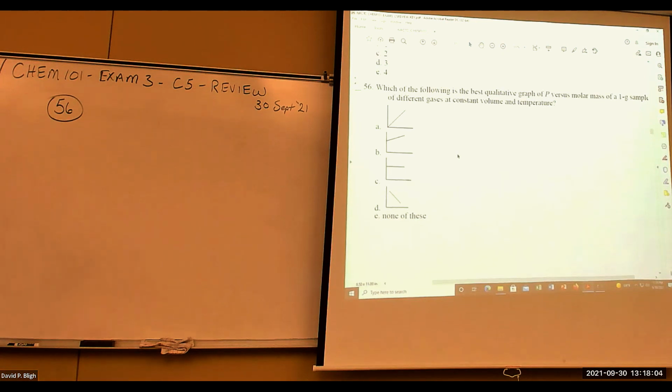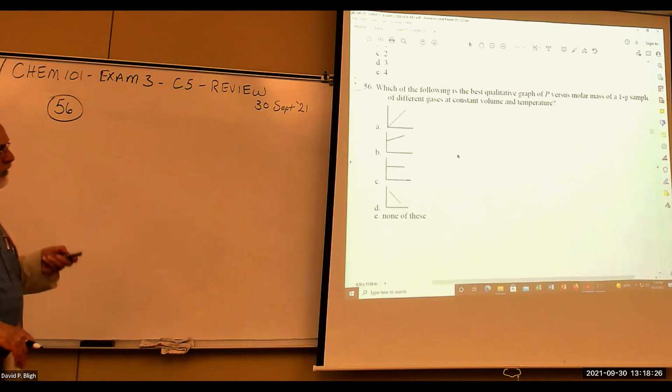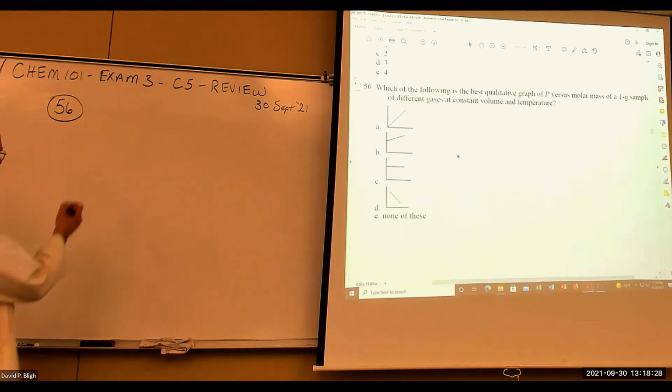Which of the following is the best qualitative graph of pressure versus molar mass of a 1 gram sample of different gases at constant volume and temperature. So we want to graph them, pressure versus molar mass.